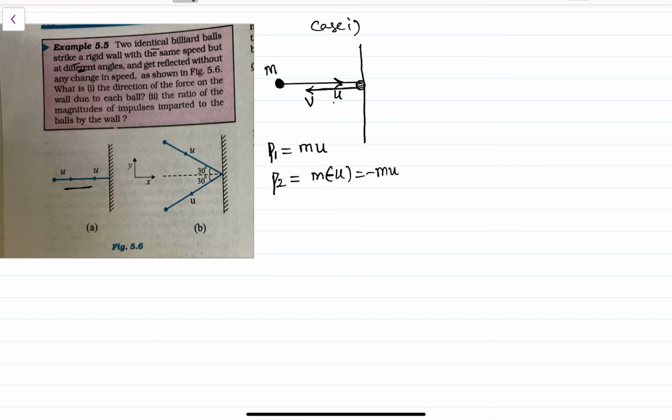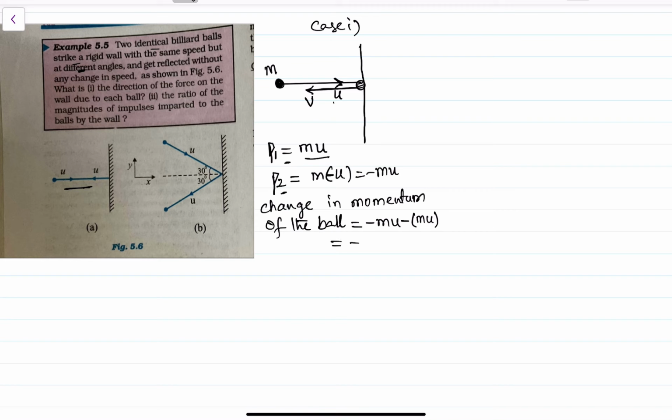Okay. So here, this is the change in momentum of the ball. Change in momentum of the ball is equal to final momentum minus initial momentum, P2 minus P1, which is minus mu minus mu.